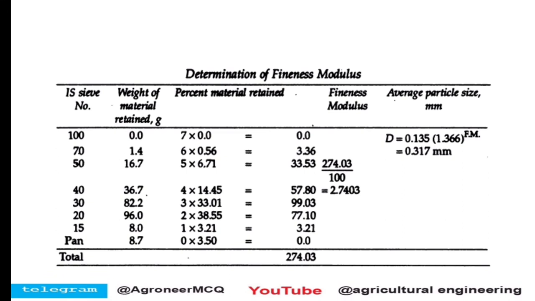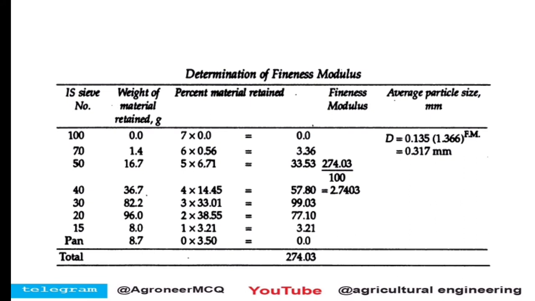Here we have for the pan 0, and for the sieves 1, 2, 3, 4, 5, 6, 7. The weight of material retained over a sieve is, say, 0, so 0 divided by 274.03 into 100 is 0. We have to find the percent material retained. In case of 96, we divide by 274 and multiply by 100 to get the percent material retained.